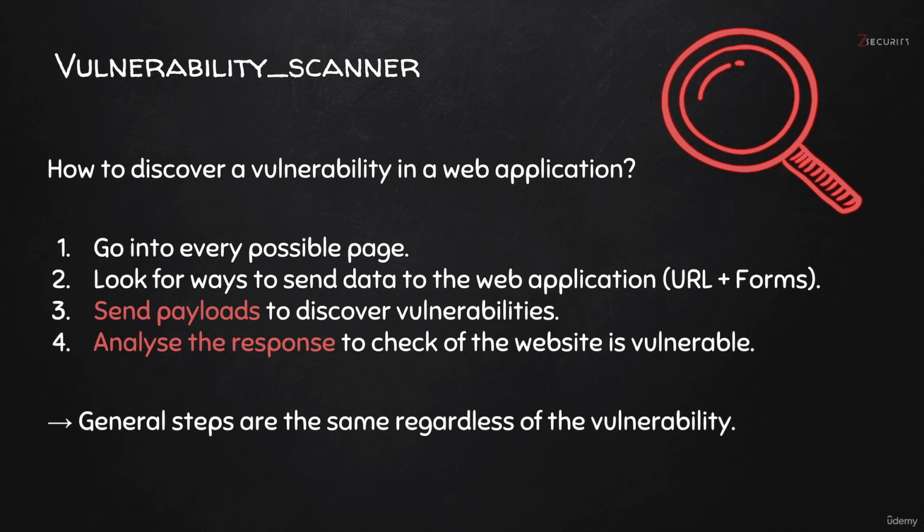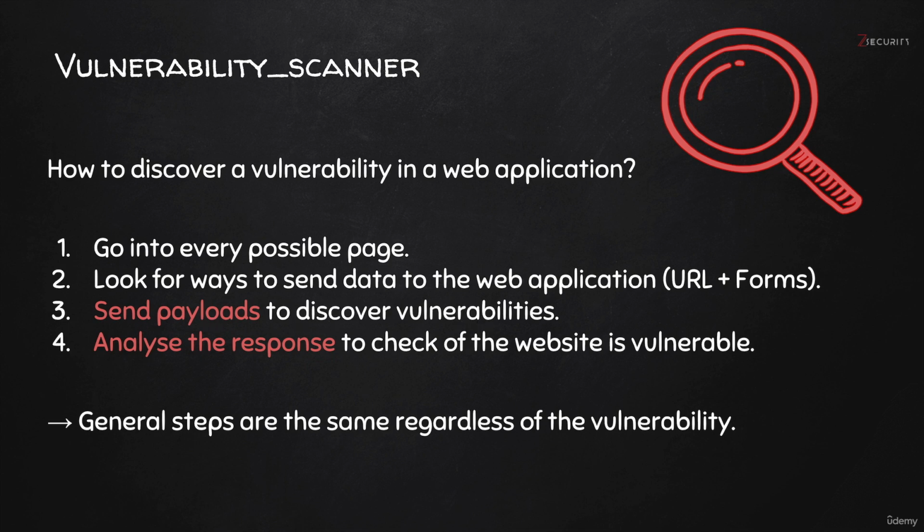See, the general steps to discover any vulnerability, regardless of what it is: first of all, you need to make a sitemap. So you need to go into every possible page, and we've built something that can do that. We need to analyze this page and extract the URLs and the forms. And then we have two very important steps. The first one is to send payloads to discover the vulnerability.